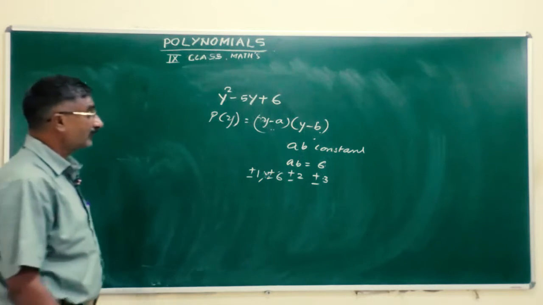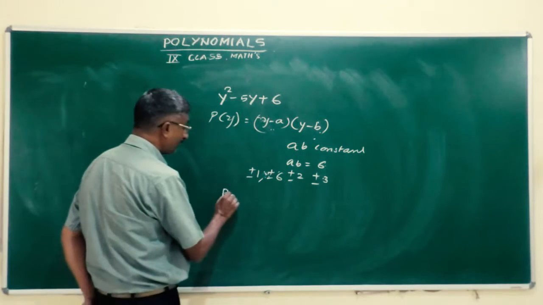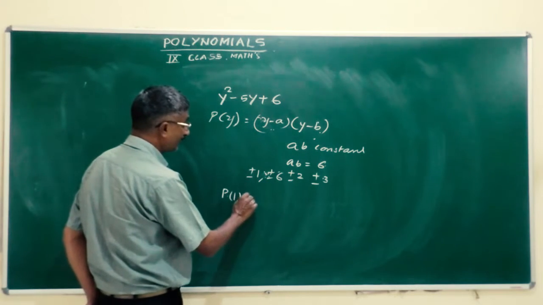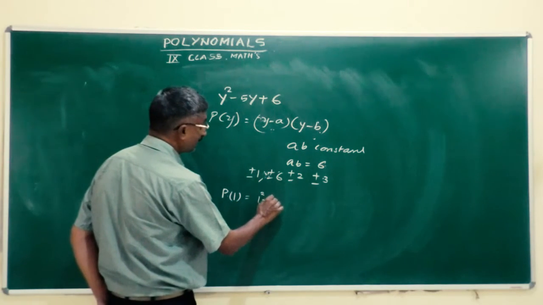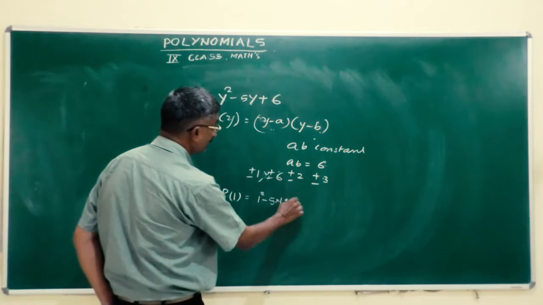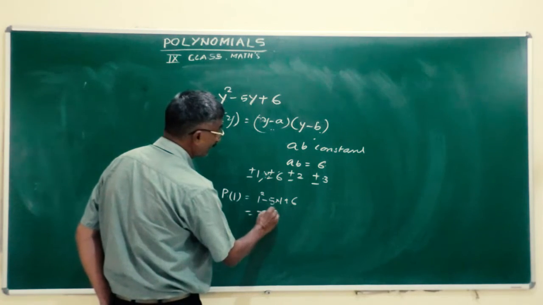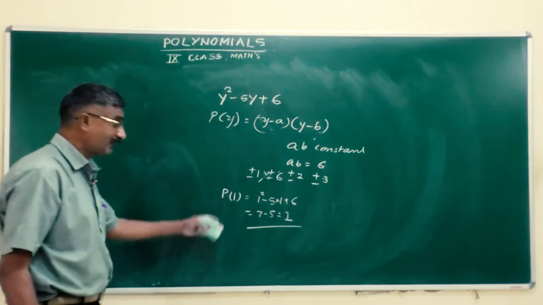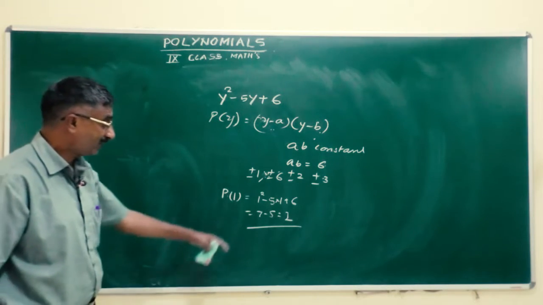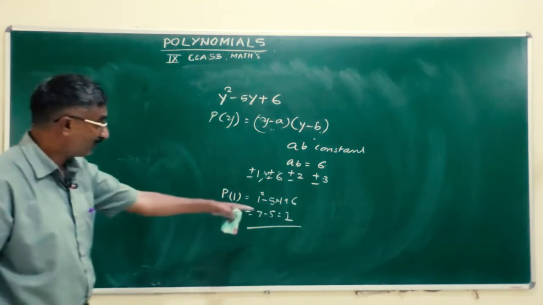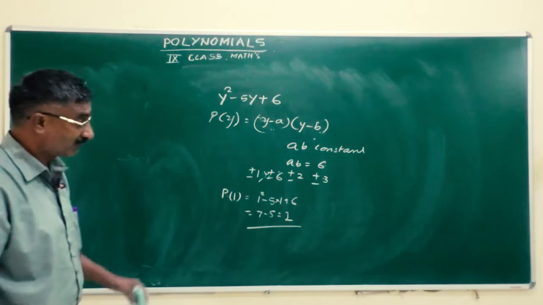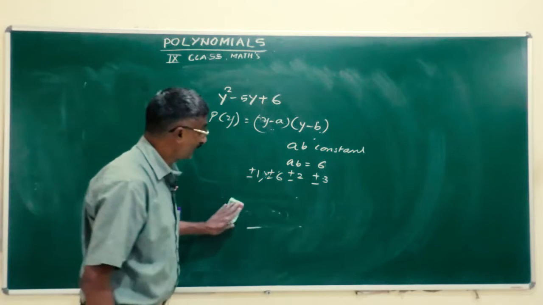Clear? So, if you substitute P of 1, that is 1 square minus 5 into 1 plus 6. So, that is 7 minus 5, equal to 2. So, it is not equal to 0. So, 1 is not a factor. Similarly, we can substitute minus 1.